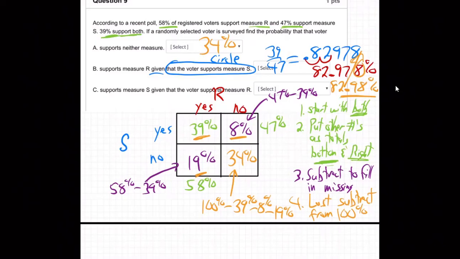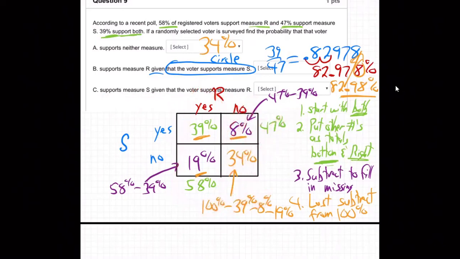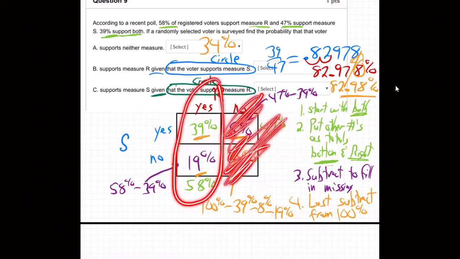And then this next one, supports measure S, given, it's another given one, that they support R. Okay, so then we're saying, now we're just talking about these people, forget about these other people. We're just doing the yes on R, right? We're given that they support R. Right here, given that they support R. So you circle, narrow your focus, just to the people that are yes on R, forget about everybody else. And what's that?